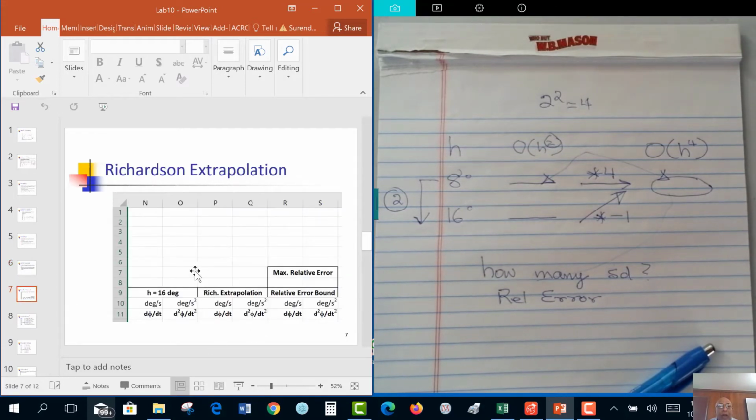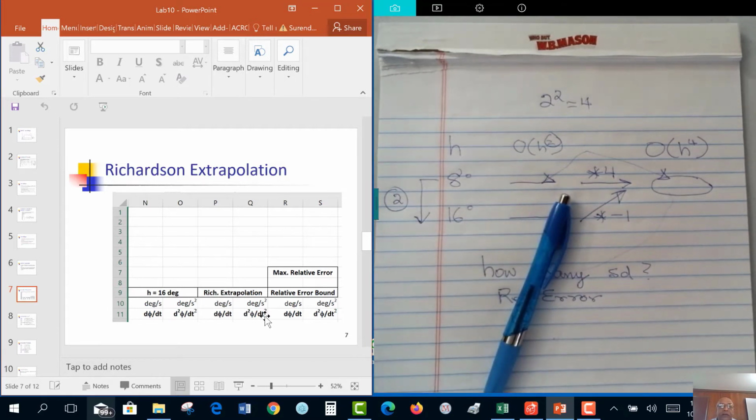I want you to add to your spreadsheet these particular titles. We are going to directly calculate for H equal to 16 degrees the velocity and acceleration. Then we are going to do Richardson extrapolation, just like I showed you on this paper. And we are going to find relative errors.